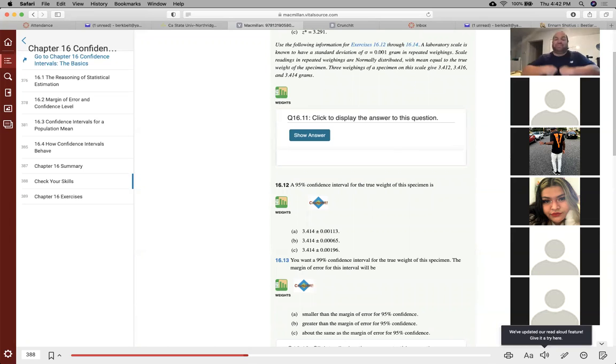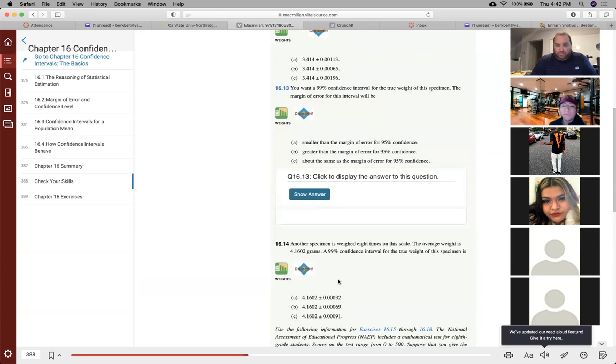It's saying I'm 95% confident that it's there. You can't ever say where it is. If you knew where it was, we wouldn't need statistics. I am 95% confident it's between these two numbers. Could it be outside those two numbers? Yes. But I have a certain level of confidence that I caught it.